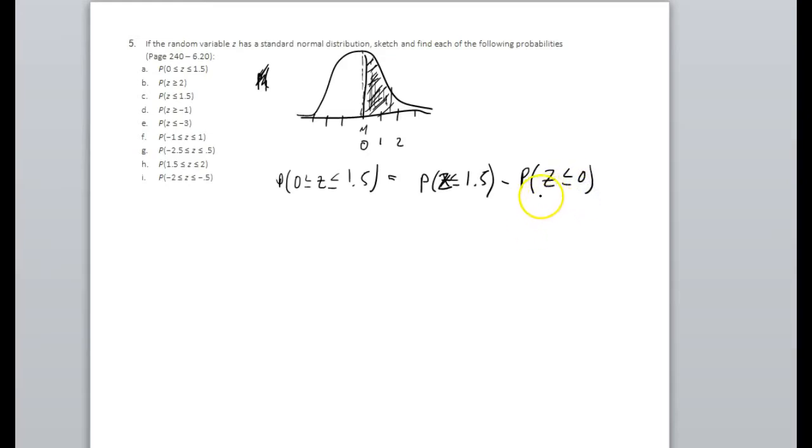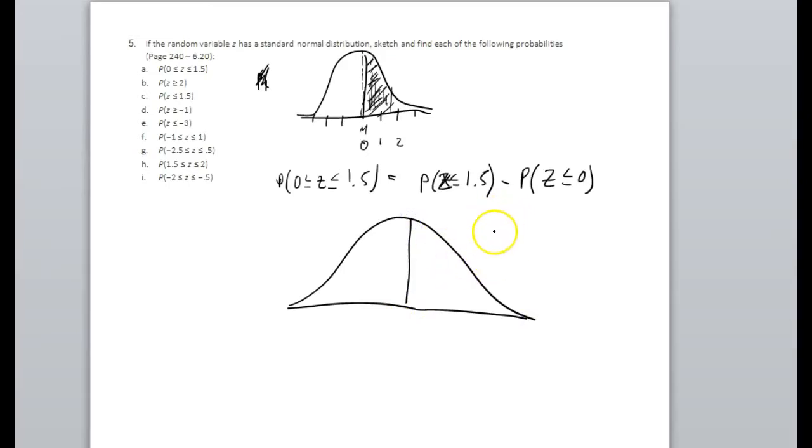Okay? Think about that for a second. I'll let you think about that for a second while I draw the next graph. Think about why that might be. So 1, 2, 3, -1, -2, -3, 0.